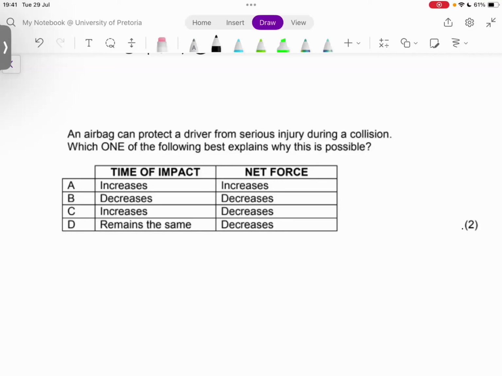Would it be B, the time of impact decreases, the net force decreases? C, the time of impact increases, the net force decreases? Or D, the time of impact remains the same, whereas the net force decreases? What do you guys think the answer is in this case?